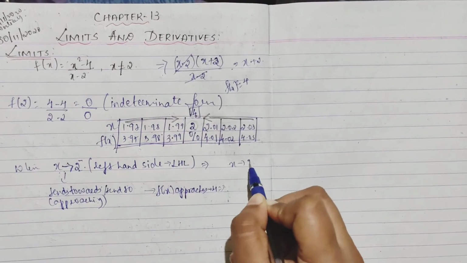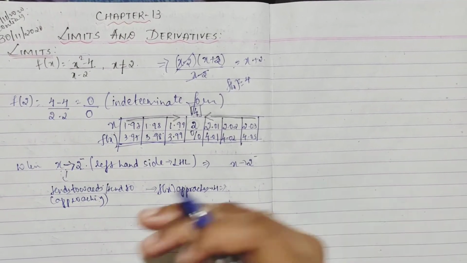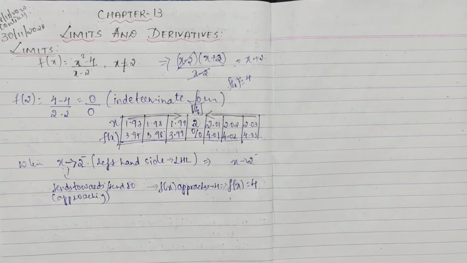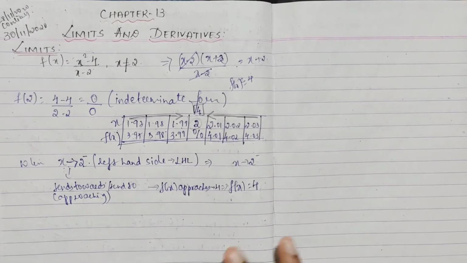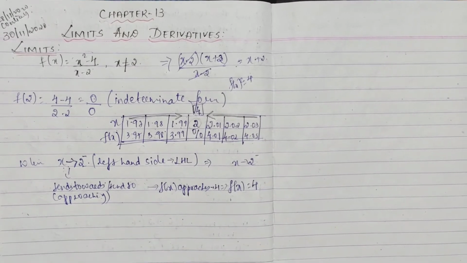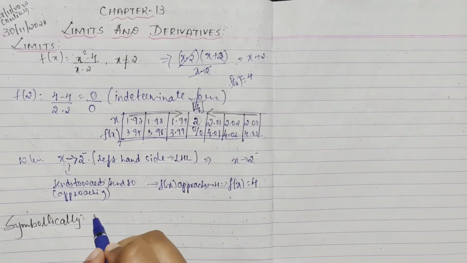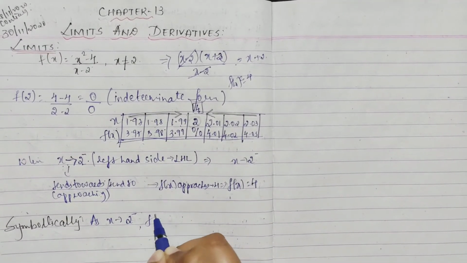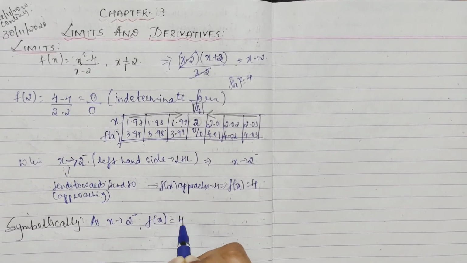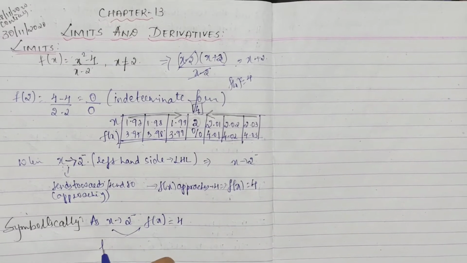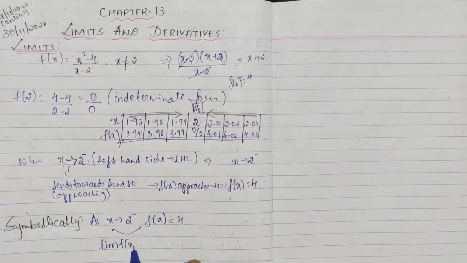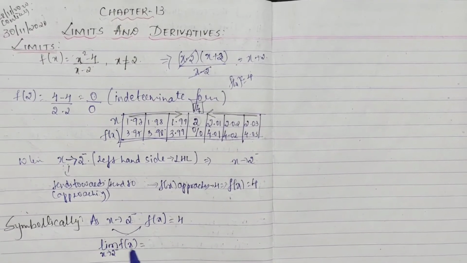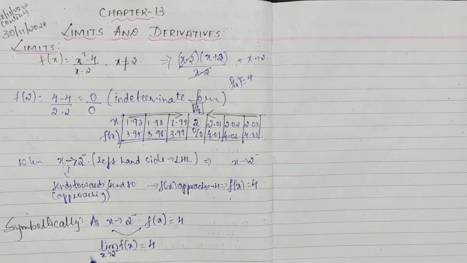When x is tending towards the left hand side, f of x is equal to 4. So symbolically, we write the limit of f of x as x tends to 2 from the left hand side is equal to 4.